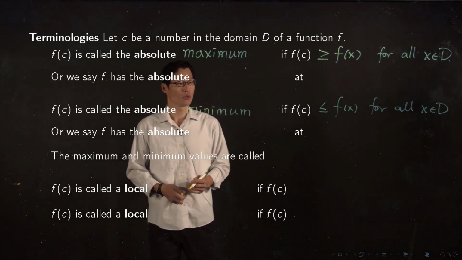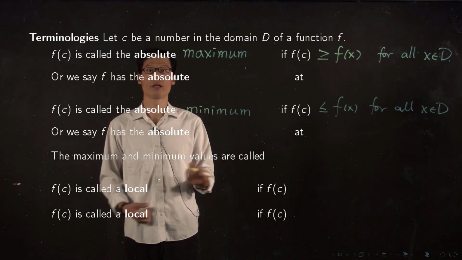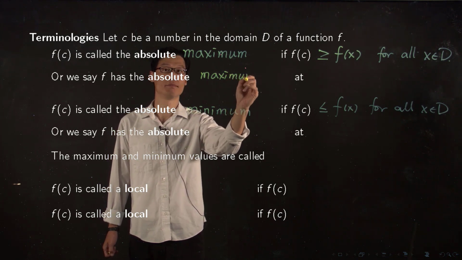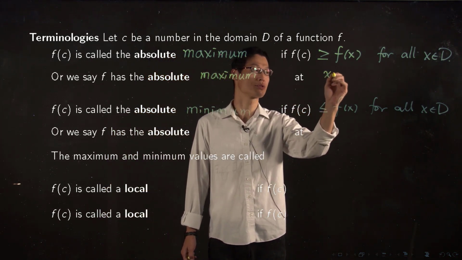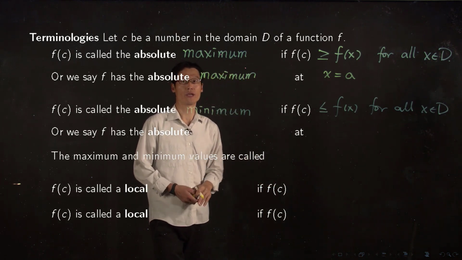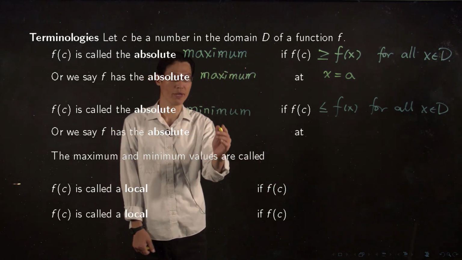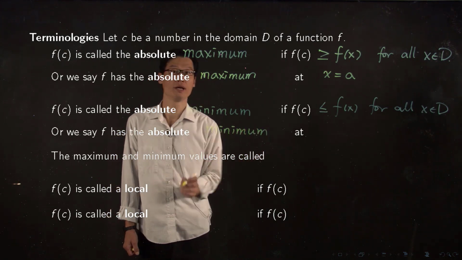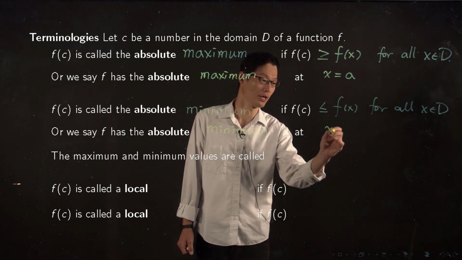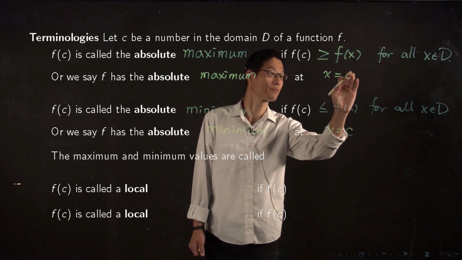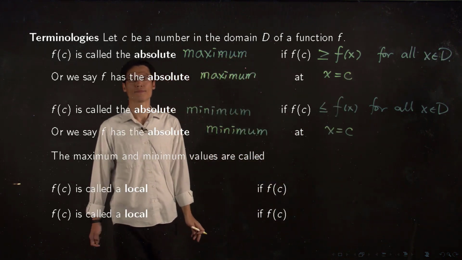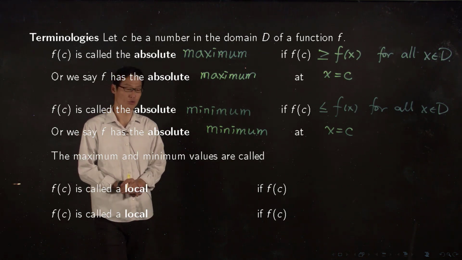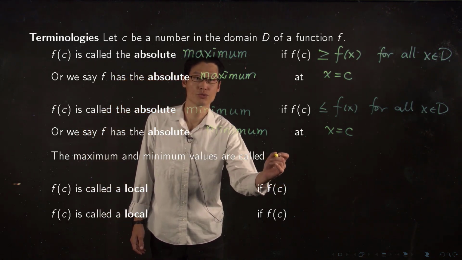Equivalently, we say f has the absolute maximum at x equals c, or we say f has absolute minimum at x equals c. So those maximum and minimum values are called extreme values.